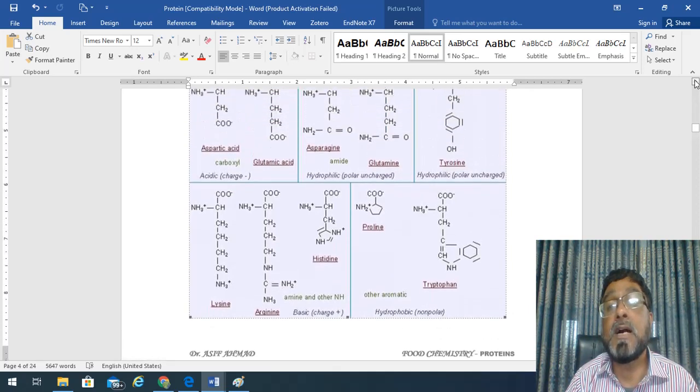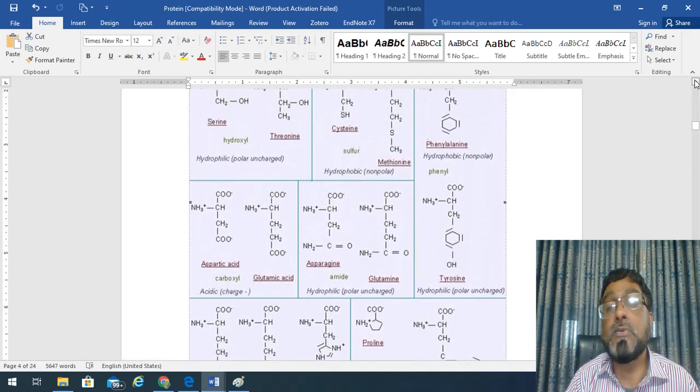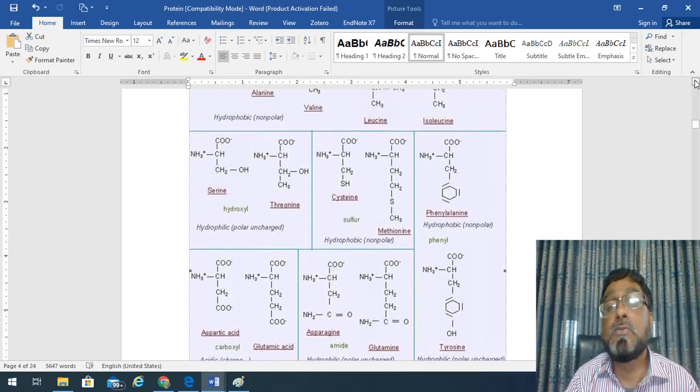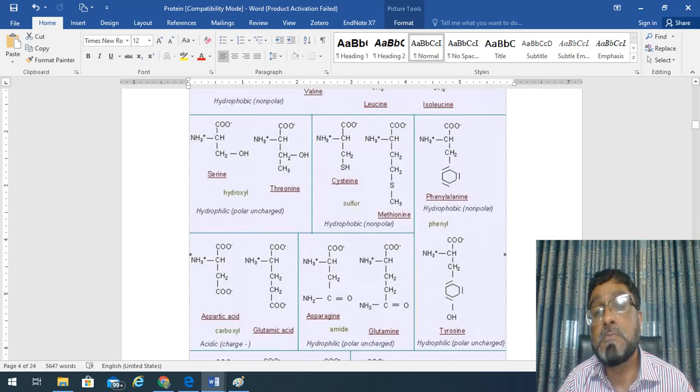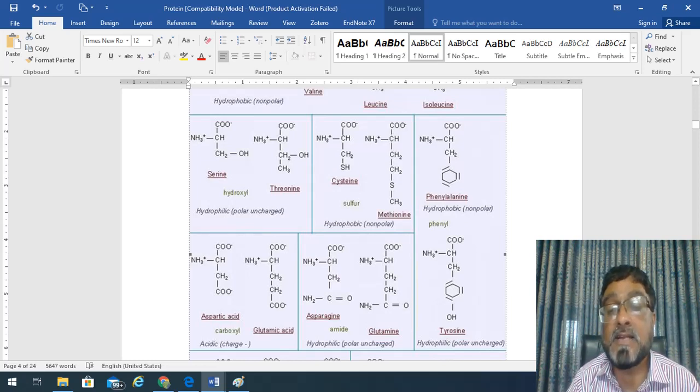Then there are two amino acids. One is the phenylalanine and the other is the tyrosine. Again, these are somewhat aromatic. So first of all, we are looking at the phenylalanine.